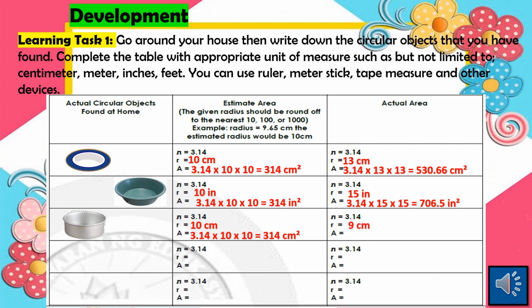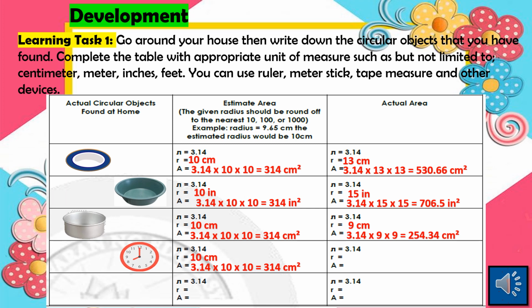And the actual radius is 9 centimeter. So that means the area will be 3.14 times 9 times 9, which equals 254.34 square centimeter. Another example is the wall clock. For the estimated area of the wall clock, the radius is 10 centimeter.